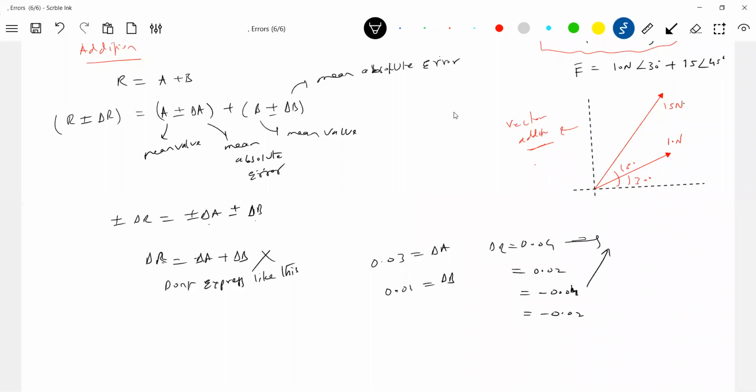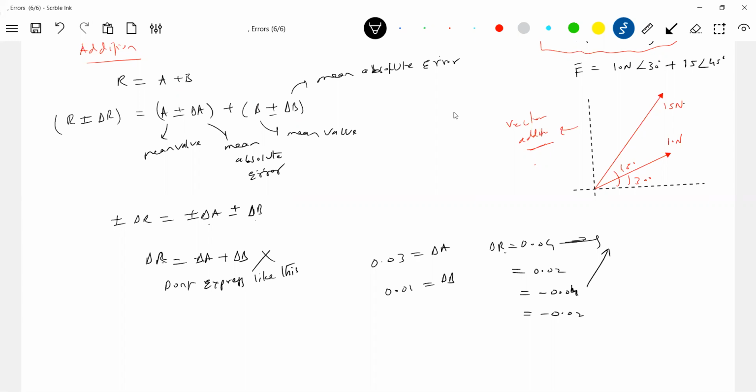We have to always express the maximum possible random error. It's a rule. Please, you have to accept the scientific rules. Why should we do this? Because I will always design the equipment keeping the maximum possible error in mind, not the minimum possible error. That will be on the safer side, no? Say the maximum possible is 0.04.